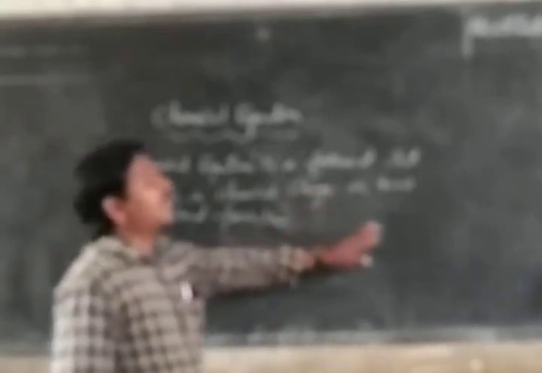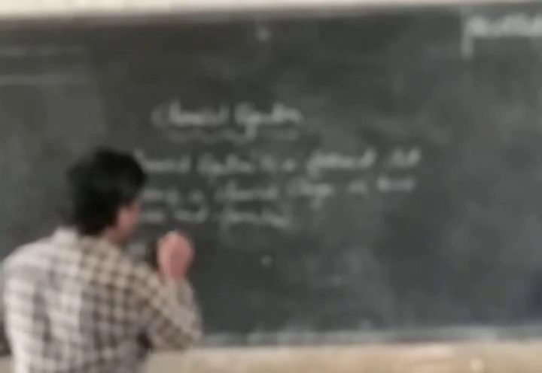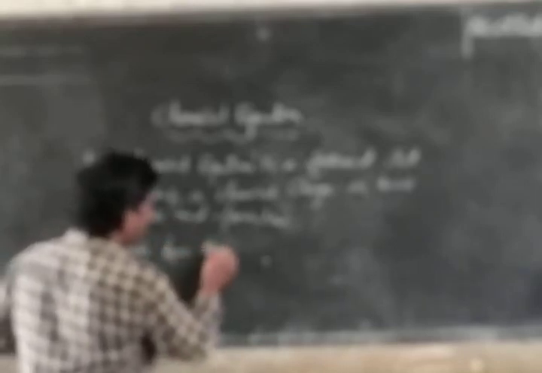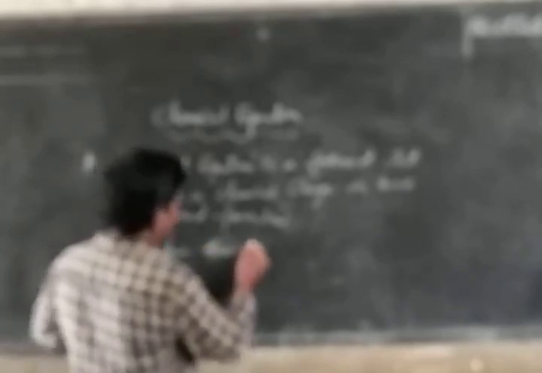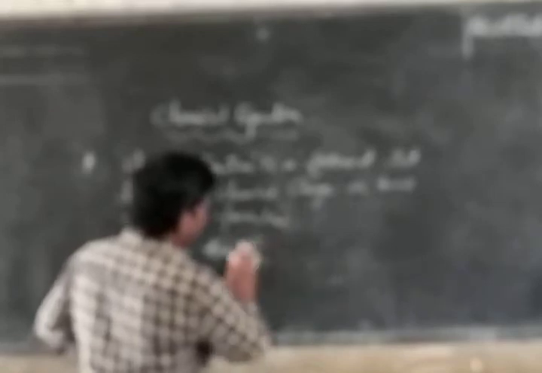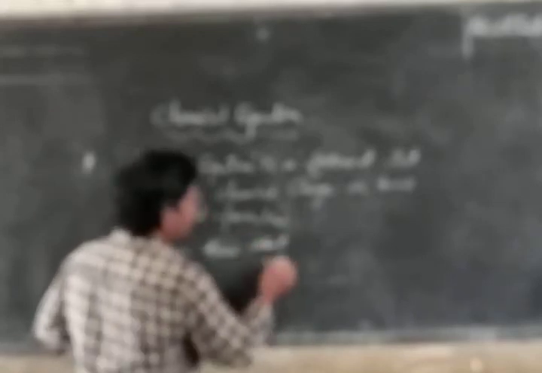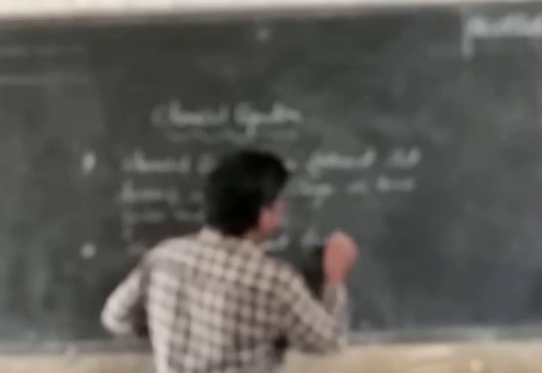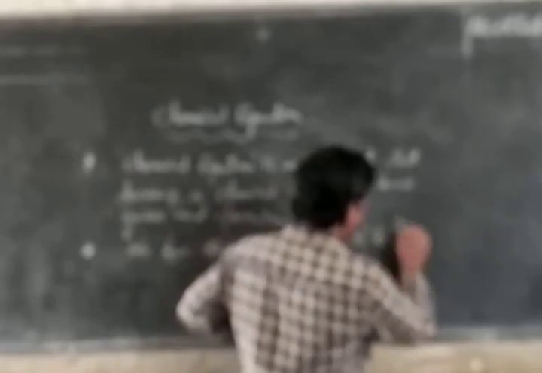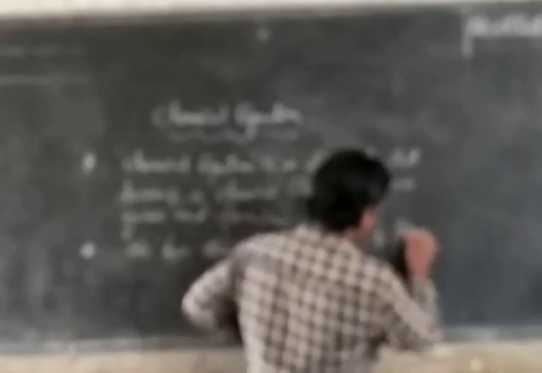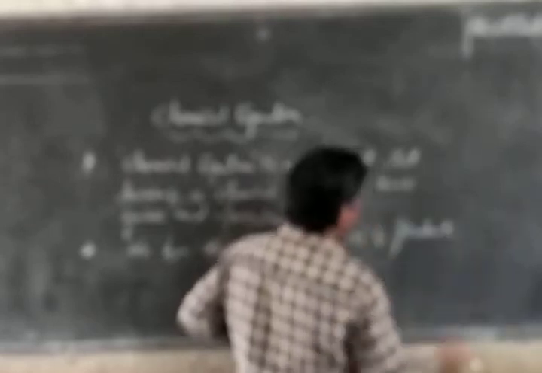We have to know the words that are involved in a chemical equation. There are two words: reactants and products.